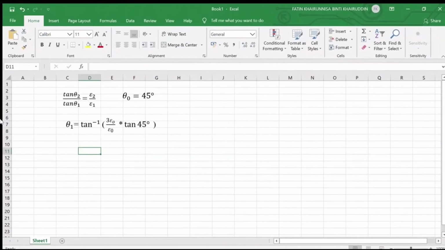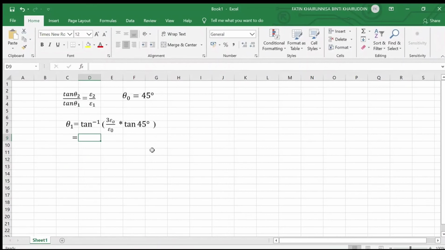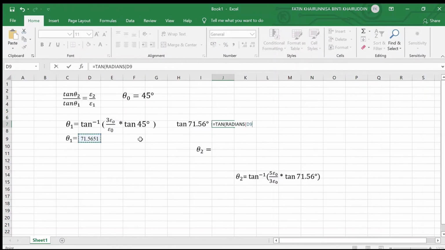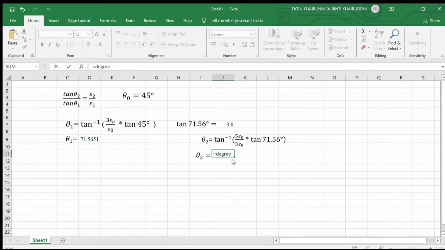We have all the information that we need to calculate the angles. To calculate theta 1, we know theta 0 equals 45 degrees and the dielectric constant equals epsilon naught, while the dielectric constant for medium 1 equals 3 epsilon naught. So we solve the equation to get the answer for angle theta 1. To calculate theta 2, we use the angle theta 1 that we got, which is 71.56 degrees, and the dielectric constant of 5 epsilon naught.